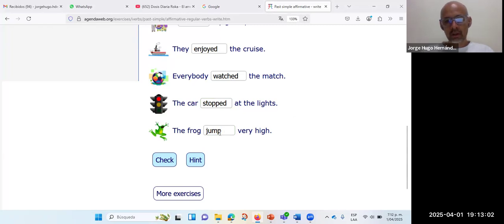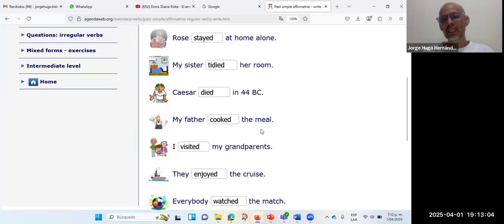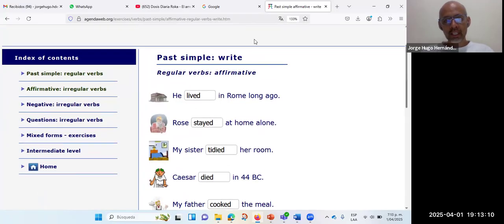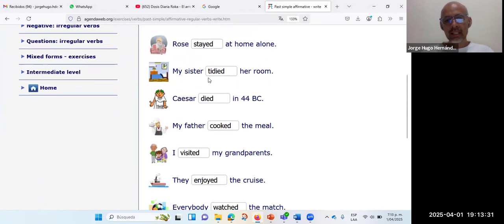Okay, so here we are going to infer something. In English, there are two kinds of verbs: regular verbs and irregular verbs.